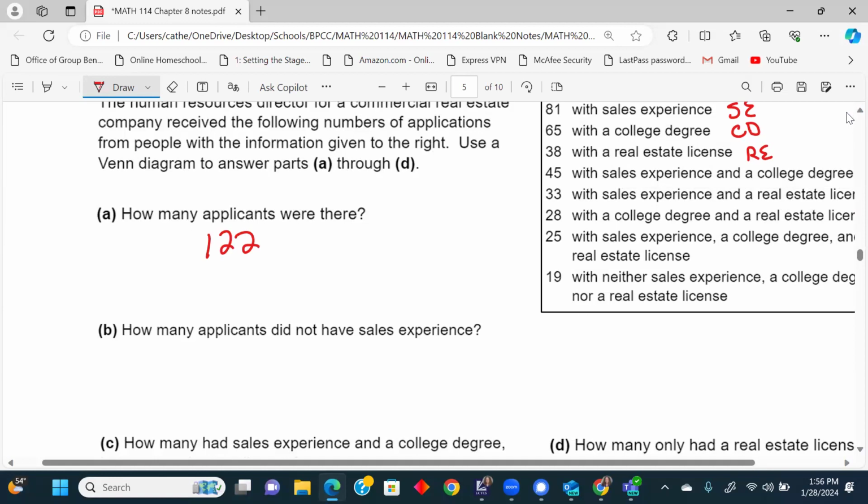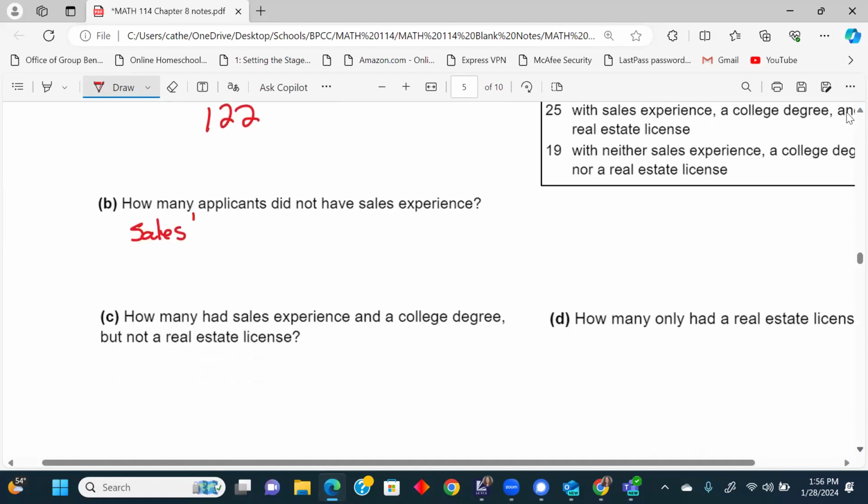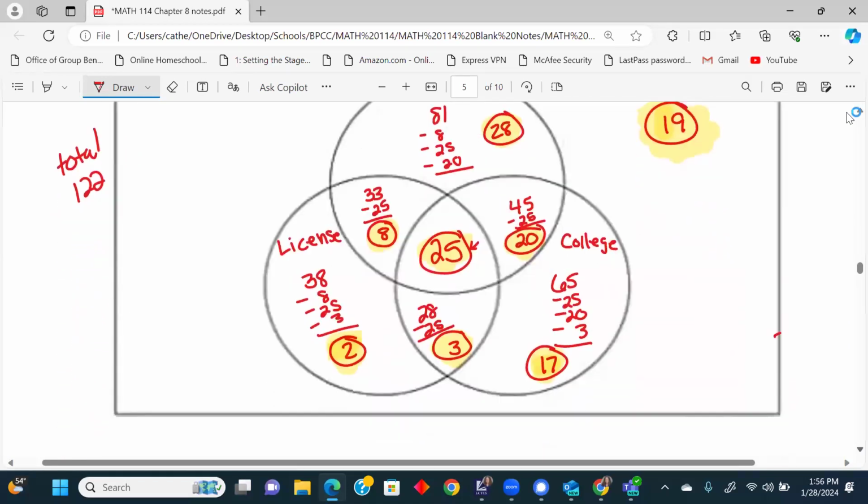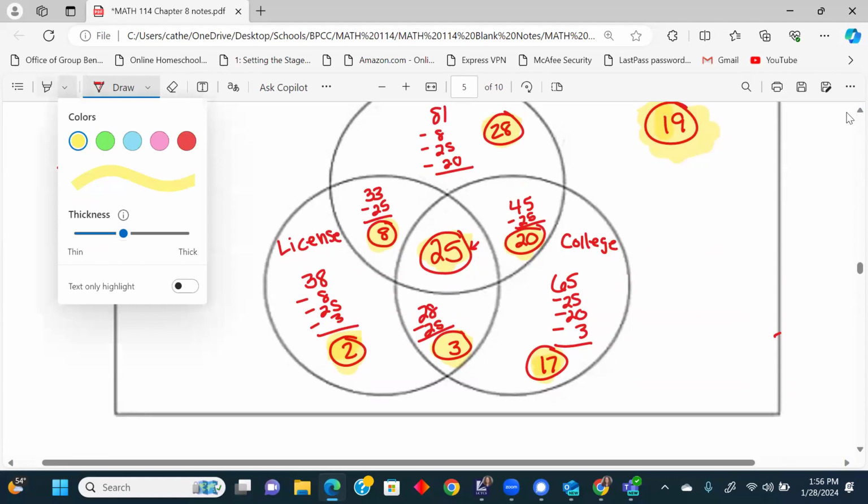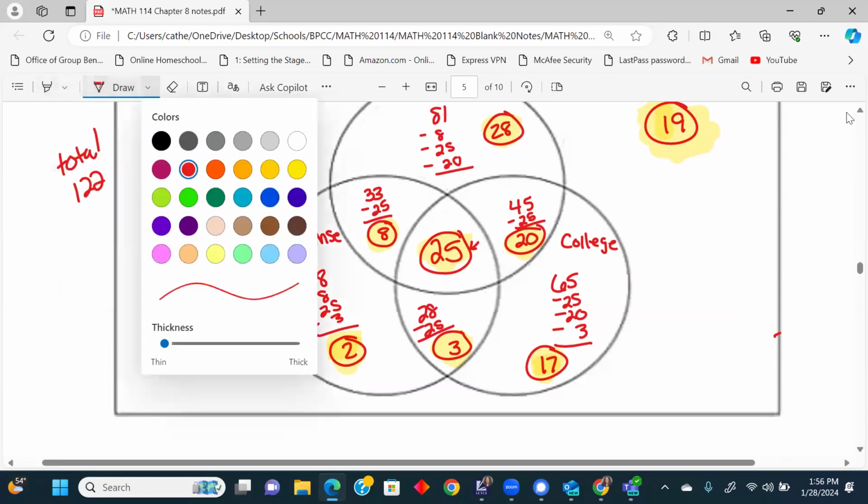How many applicants did not have sales experience? Okay, so that would be the complement of sales, no sales experience. So I'm going to use, actually, let's get a green. I didn't want it that thick.